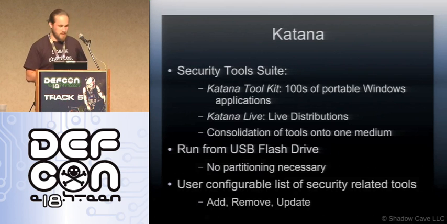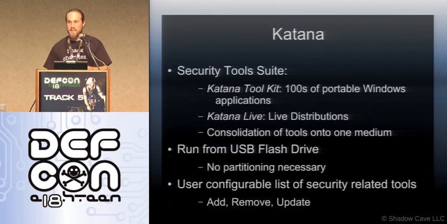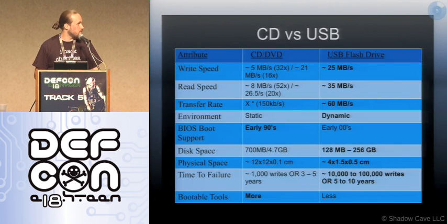Very convenient. Another thing about USB flash drives, which is more convenient than your normal CD or DVD, is you can change things on there on the fly. Unlike a CD, where you have to reburn an ISO, a USB flash drive is a dynamic environment, which makes things a lot easier to modify.